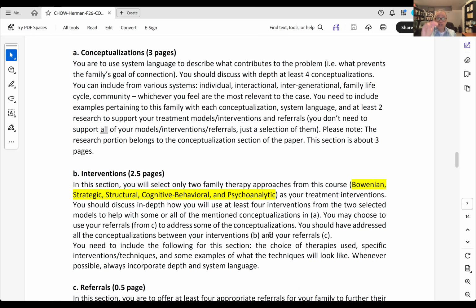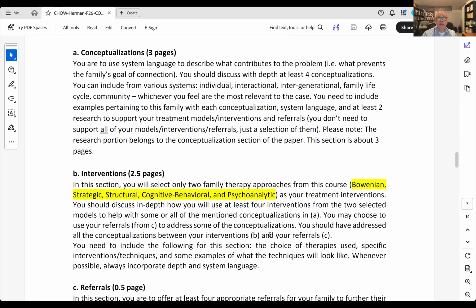Because you actually try to address how to resolve those blocks, right? That disconnection. So whatever you've chosen, your four interventions, and later on I'm going to talk about the four referrals, together they should address all four conceptualizations. Okay.